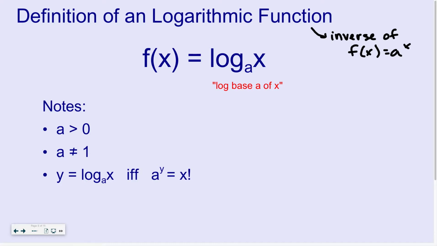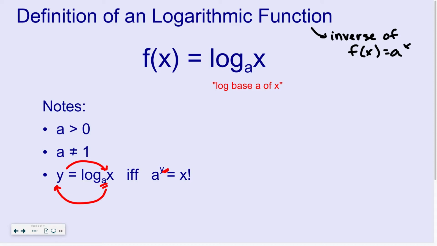If you were to rewrite that, start at your base, a to the y, go around the equal sign, is equal to x. So then y is your exponent, right? It's just saying the exponent is the answer to the log. That's just the mathematical definition of that.